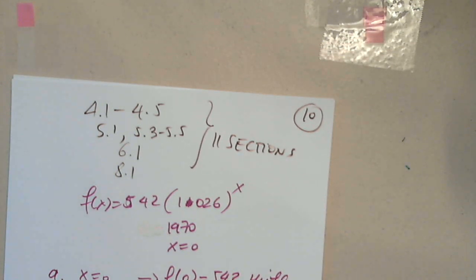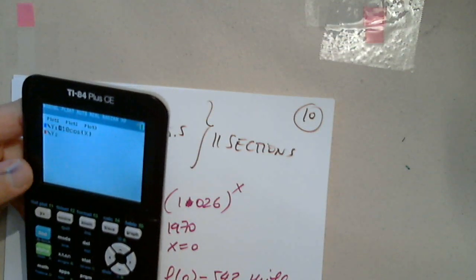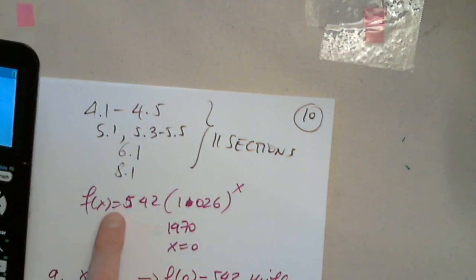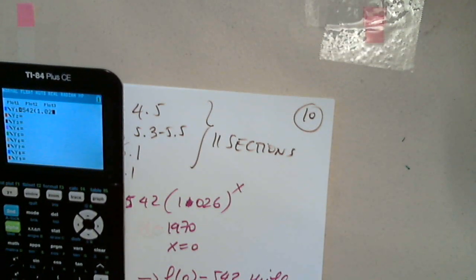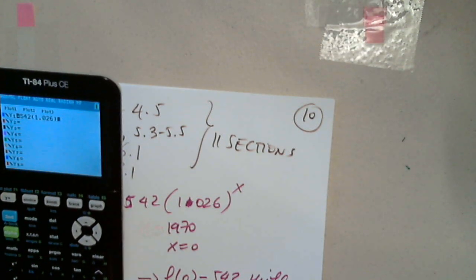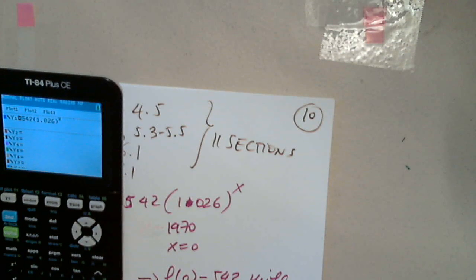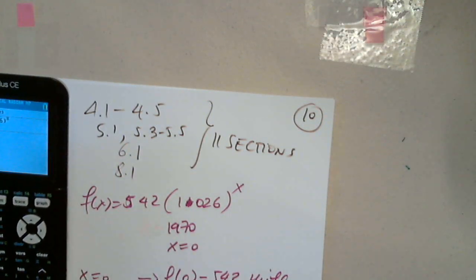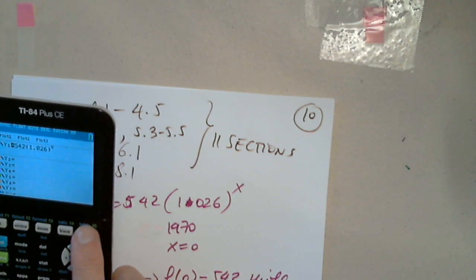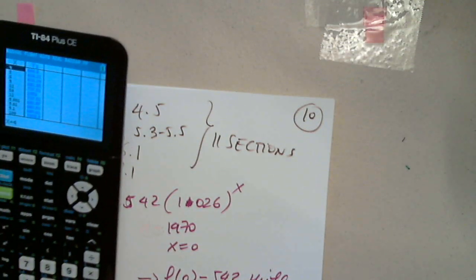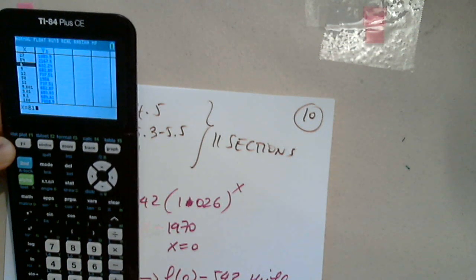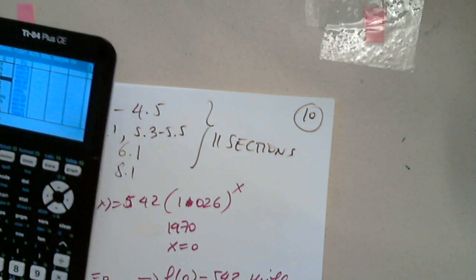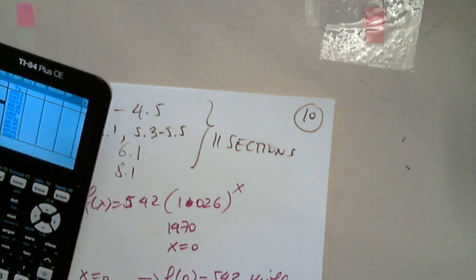But for the rest, I'm going to create a function in the graphing calculator in y equals. I will plug in 542 in parentheses, 1.026, close the parenthesis, put the caret and x, exactly how I see it here. And now I will go to second and table like we always do, and I will plug in 27, and then 54, and then 81, and then I get those numbers.